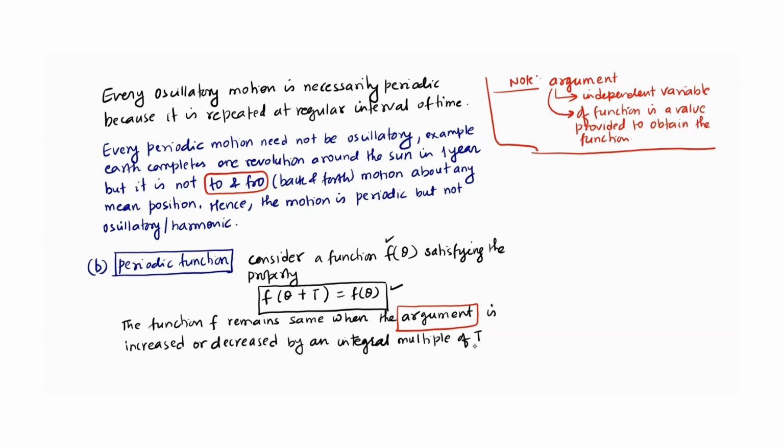So we have this for all values of theta. So function satisfying this property is said to be periodic.